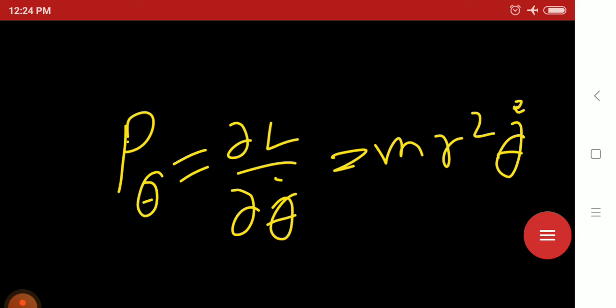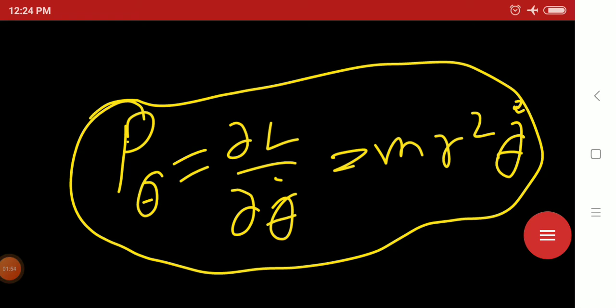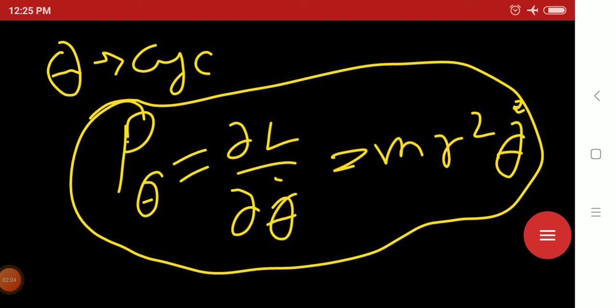The generalized coordinate theta is not present, only theta dot, but theta itself is not present.